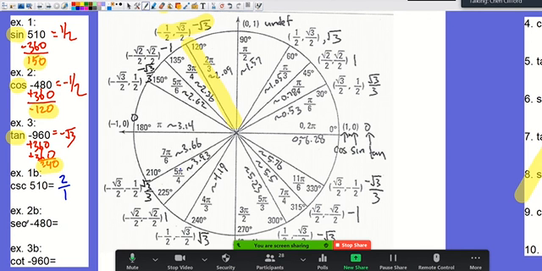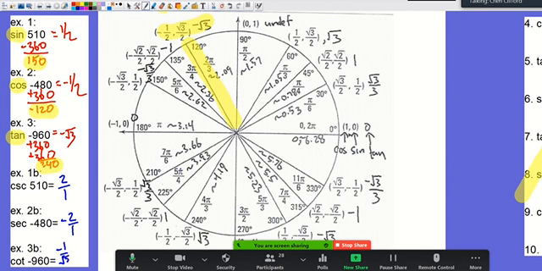Same thing, if they're asking for secant of negative 480, find cosine of negative 480 and flip it. And for cotangent, same thing. You find tangent of negative 960 and flip it.